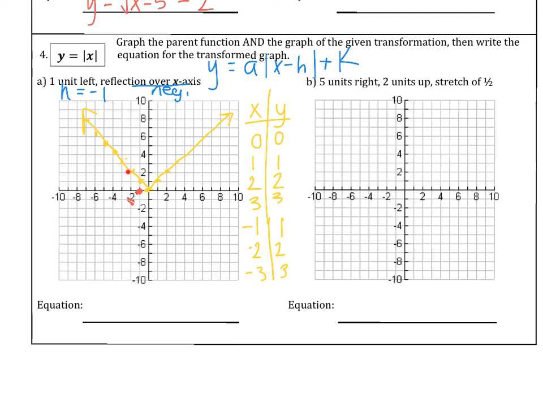I'm going to shift it left 1 and then reflect it. Now I'm 2 away on the positive side of the x-axis, so when I reflect it, I should be 2 away on the opposite side. So right here is where I'll plot my next point. And then you can probably see this pattern continuing. All these other points, as they get reflected, will move down that way.